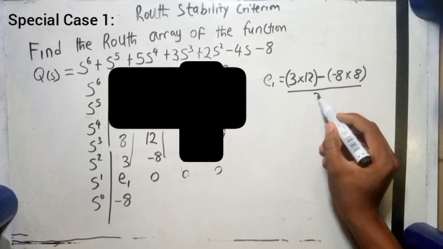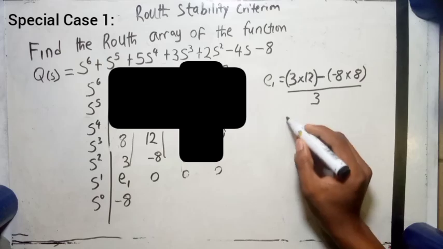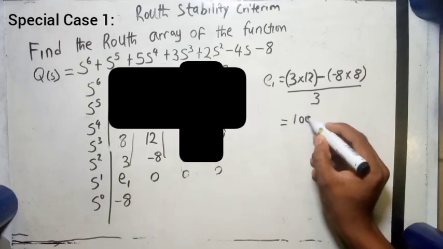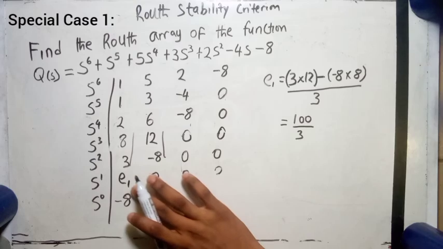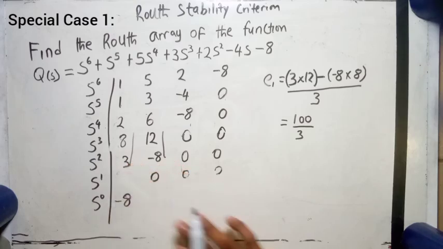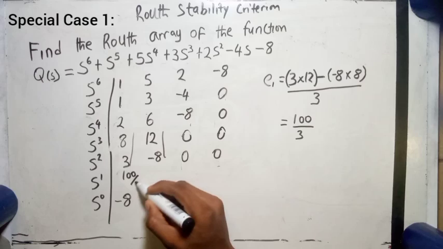Over 3. Okay. Now, when you solve that, you'll have it as a fraction, which is 100 over 3. So that's what is going to be our answer here. 100 over 3.